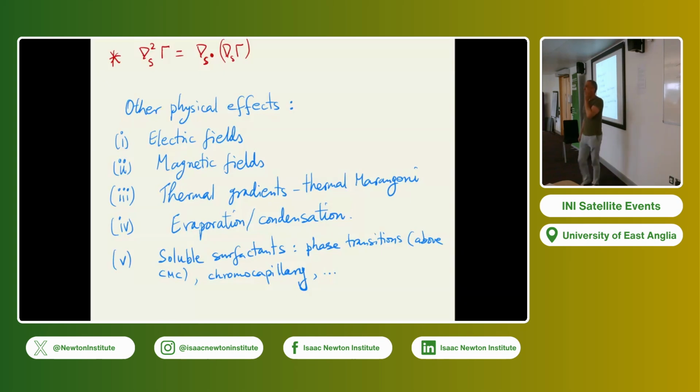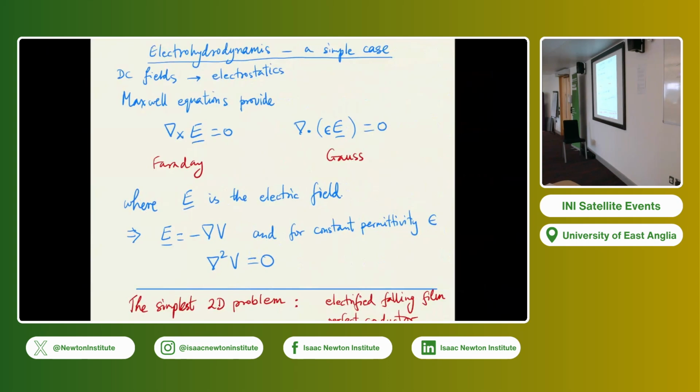This is incredibly challenging: if you have evaporation, condensation, these are incredibly challenging problems. So we're working on those a bit now. And soluble surfactants are quite challenging as well. But that's for another time.